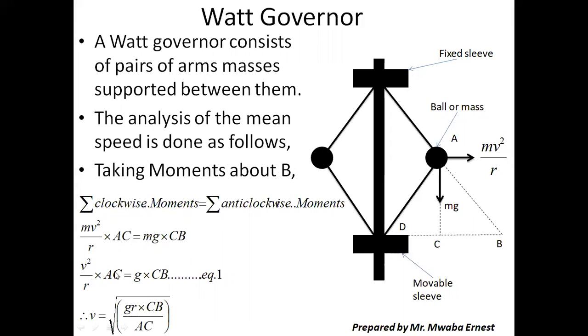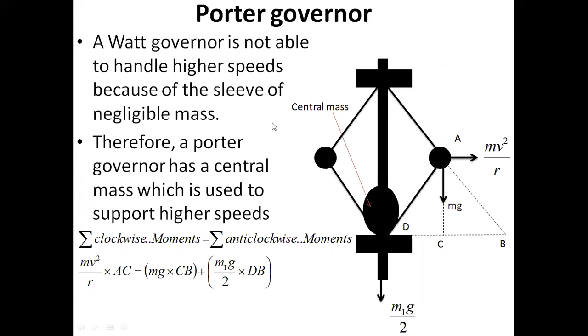You also divide by this AC on both sides so that here it cancels, but on the other side you have that. Because V is carrying a square, it means we introduce the root sign, thereby get rid of that square. So that's the final expression for the mean engine speed when you are dealing with a Watt governor.